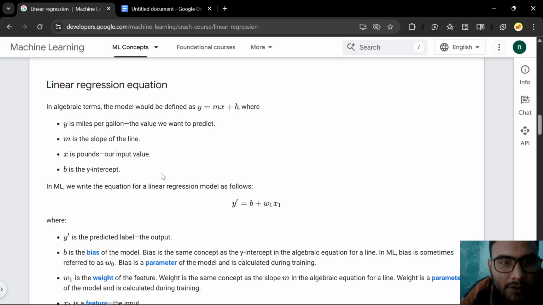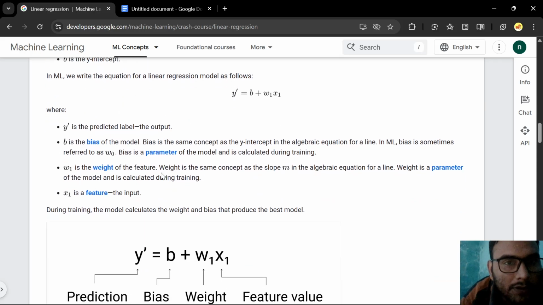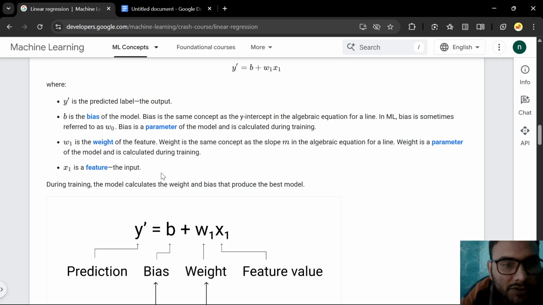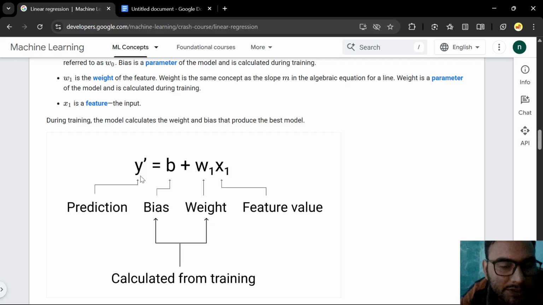Now we take this equation into our ML system. And in the ML system, as I explained in the previous video, y becomes the prediction, the predicted output that we want. B becomes the bias, W becomes the weight, and X becomes the feature value. Bias and weight are calculated from training. Now what is training?